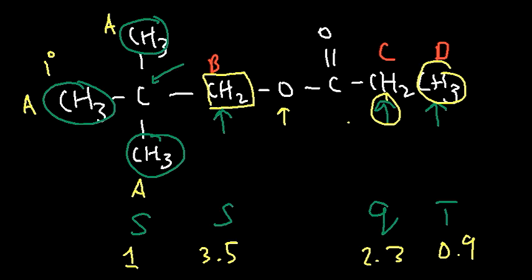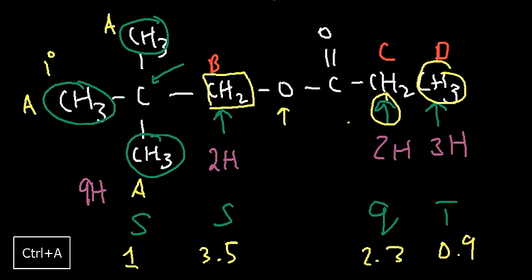But let's also mention the integration. So signal A has 9 equivalent hydrogens, so it should appear as 9H. This will appear as 2H, 2H, and 3H. So those are some things that you want to know. Now, one type of question that you might see on an exam, a very common question, is they'll give you a structure, and you need to be able to identify quickly how many signals will appear in the graph of the H NMR spectrum.